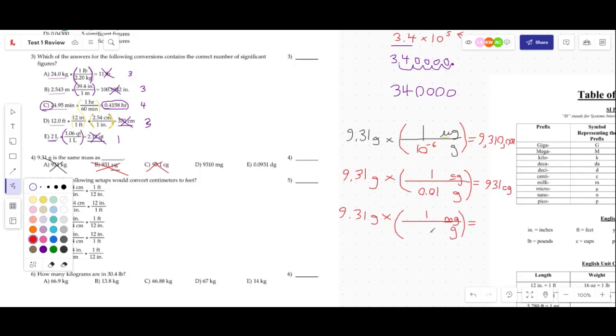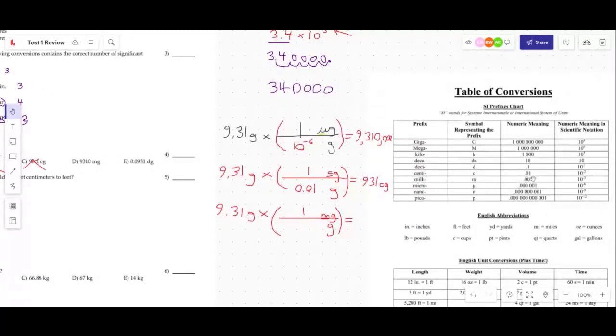if you wanted to, 1 gram is equal to 1,000 milligrams. That's true. My personal preference is to use the actual meaning of the prefix, and if you look at milli, it actually means 10 to the negative third, or 0.001. So in this case, I'm going to use 0.001.